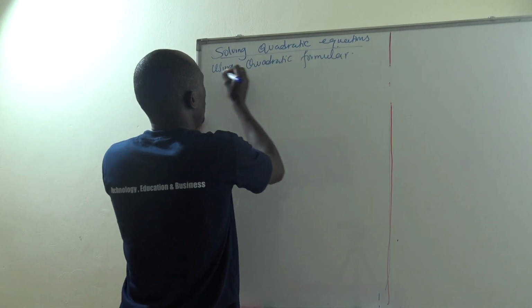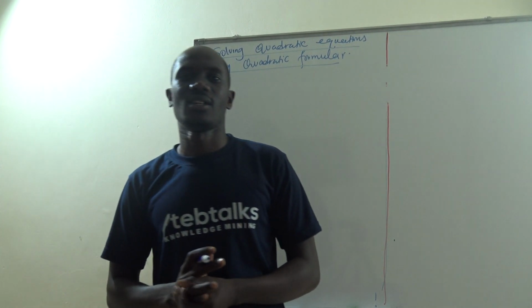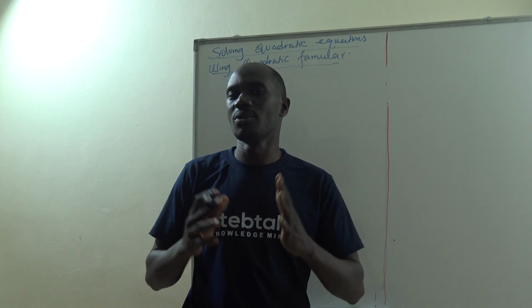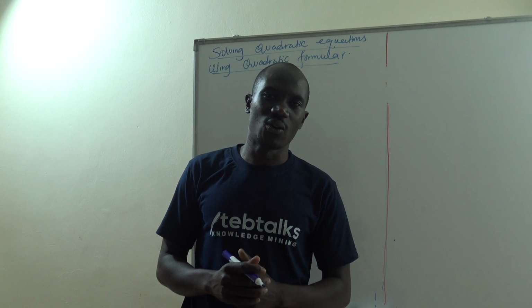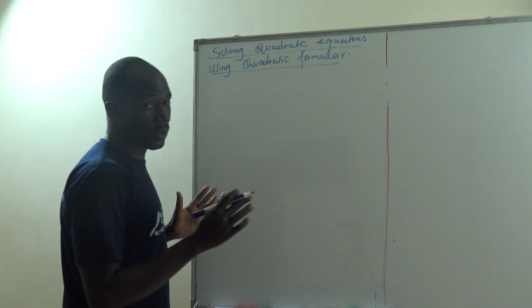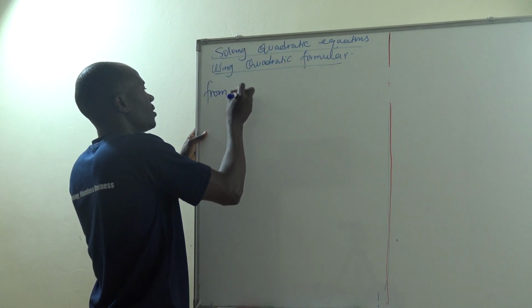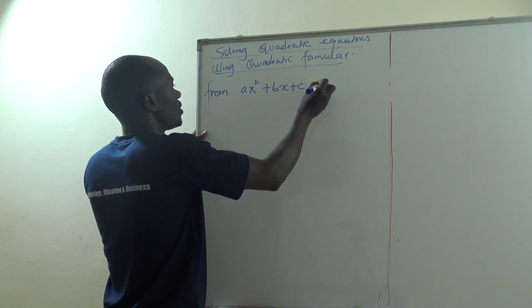From the completing the square method, we have learned how to deal with completing squares, and from completing squares, we derived the expression of x alone in terms of those constants. We can even still record it from ax squared plus bx plus c equals 0.